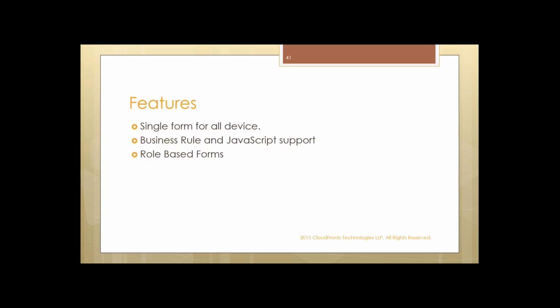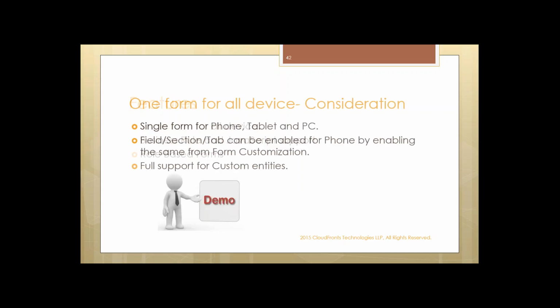I will walk through each of these features. First, one form for all devices. We design a form once and it deploys on each of the devices, whether phone, tablet, or PC. We need to enable the fields for the phone, which I will show you in the demo.